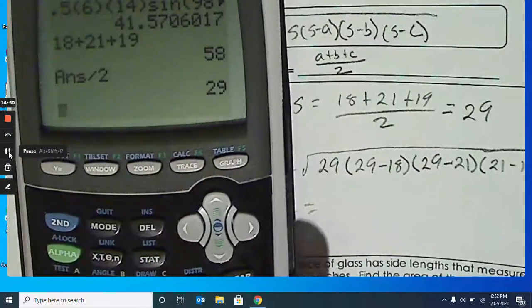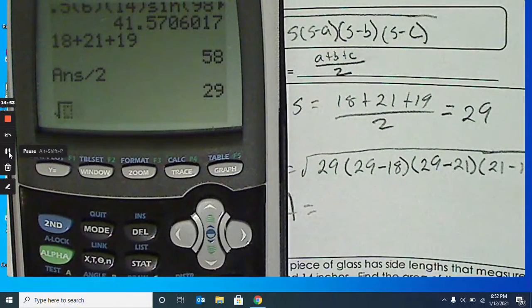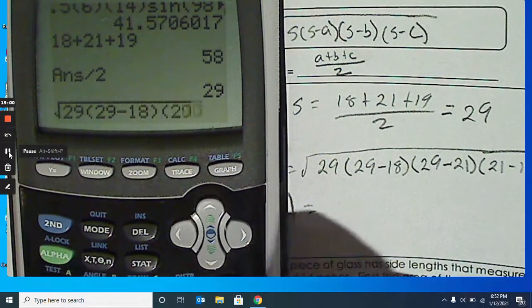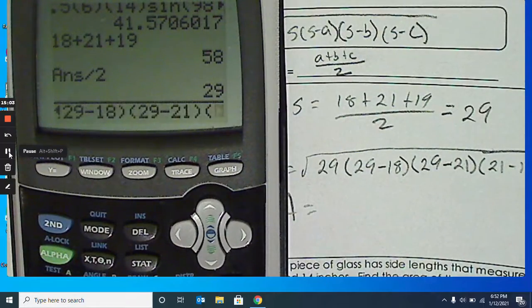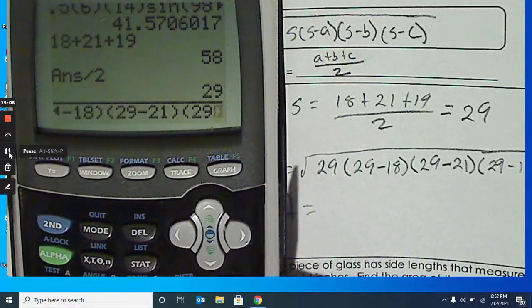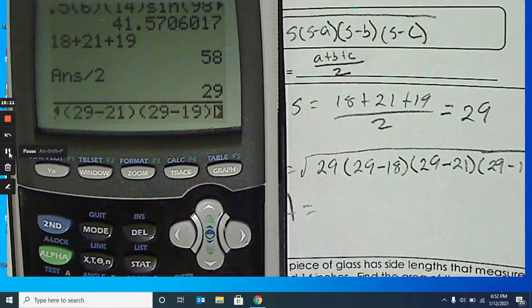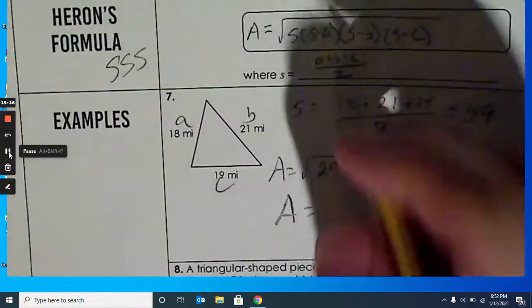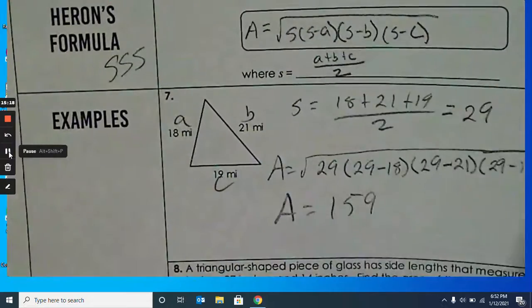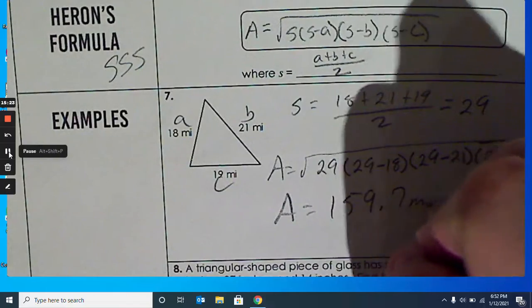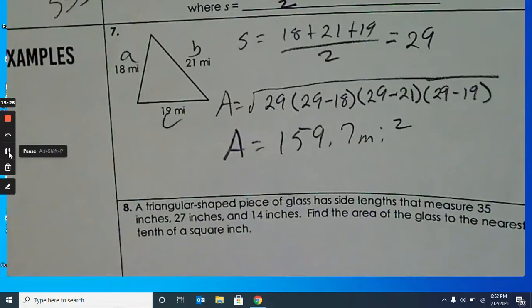I'm not going to derive it for you right now, but it's a nice little formula. And I get the area to be 159. Did I hit square root? Yeah, I did. I want to make sure I did square root. 0.7 miles squared.